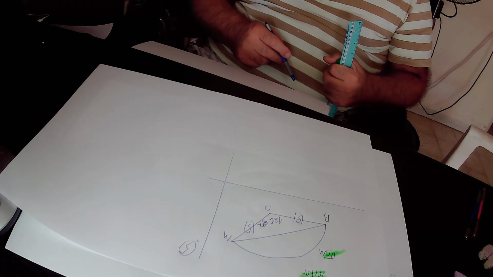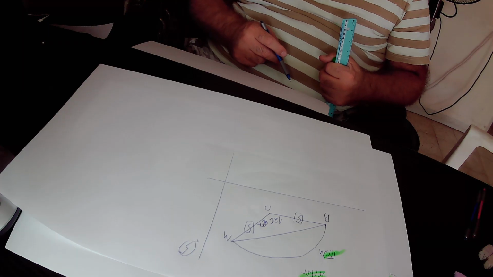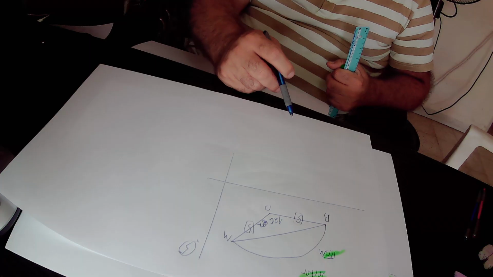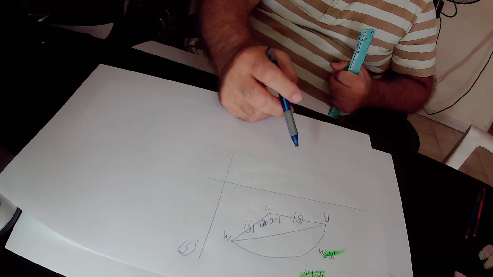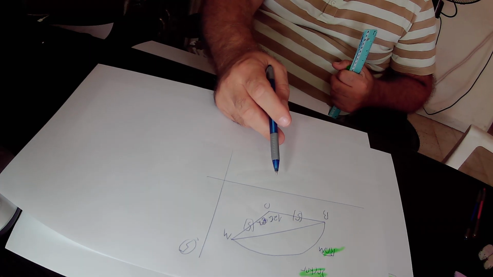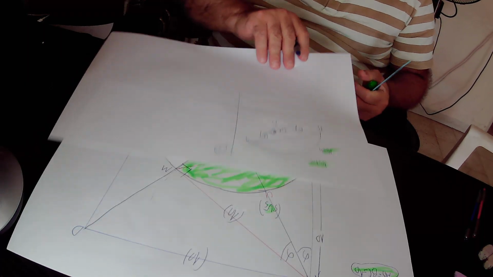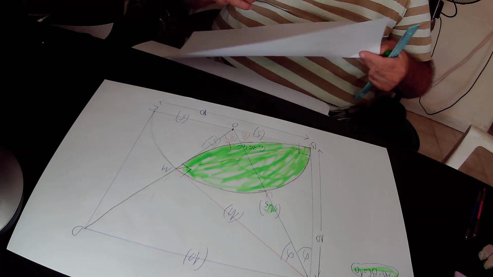According to the formula that I presented to you a couple of minutes ago, the area of this sector BOM will be equal to pi r squared, that is the area of the circle that contains the sector. R is the radius of the semicircle, this is 5.